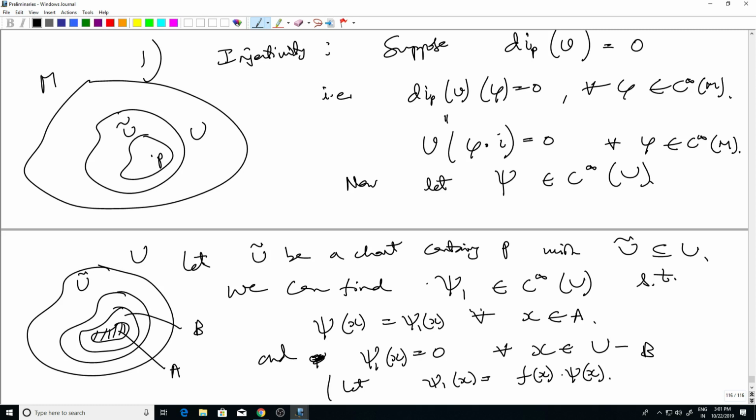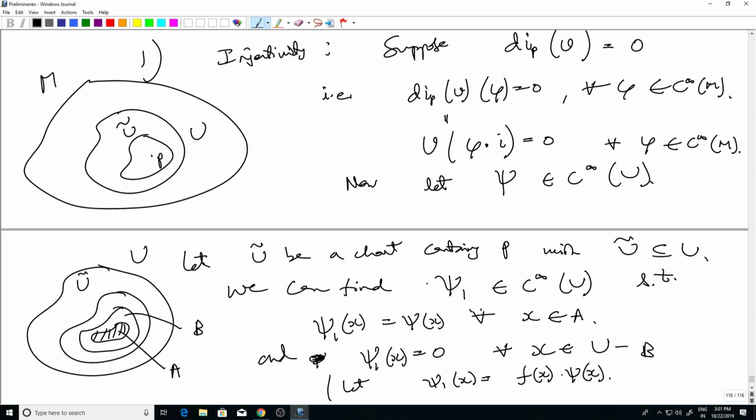Yeah, when x is inside A, C1 of x is C of x. And when x is outside B, then this f of x is 0, so I'll get C1 of x equal to 0.